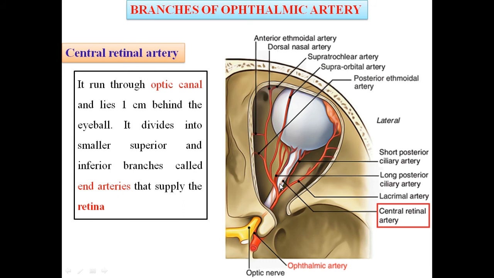These end arteries supply the retina, and a lesion of these arteries leads to permanent blindness. So this central retinal artery supplies the optic tract or optic nerve.